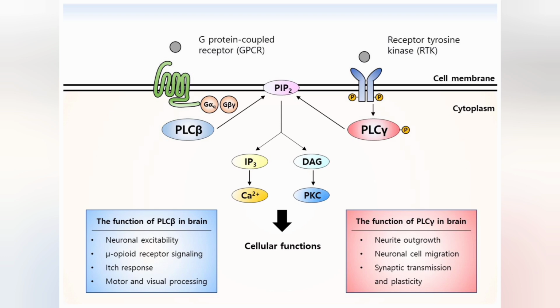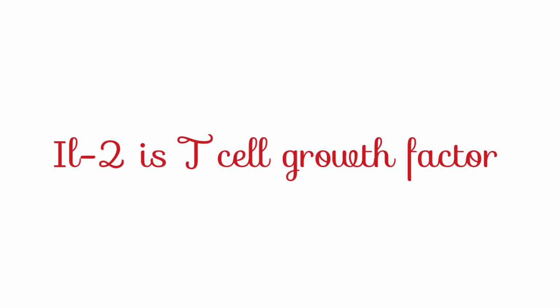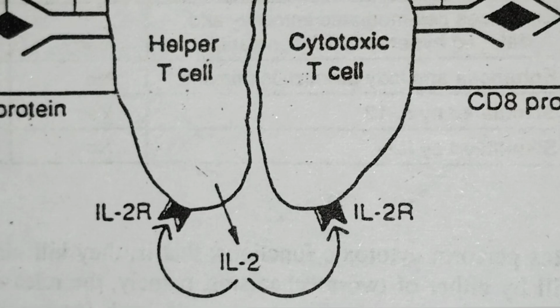This calcineurin moves to the nucleus and is involved in the activation of interleukin 2 and the interleukin 2 receptor. We talked about how interleukin 2 is a T cell growth factor. The interleukin 2 receptor will appear on the surface of the T cell, and interleukin 2 will bind to it and cause further growth of the T cells.